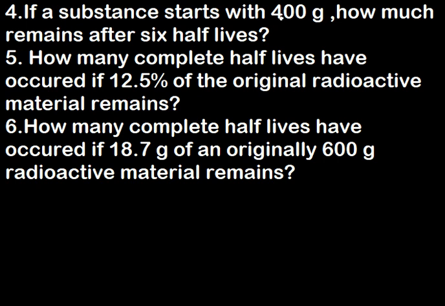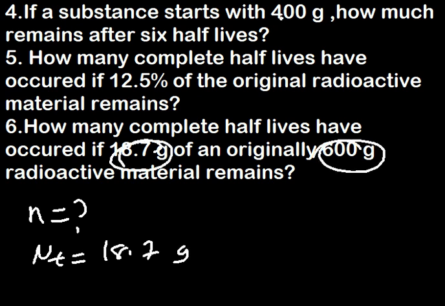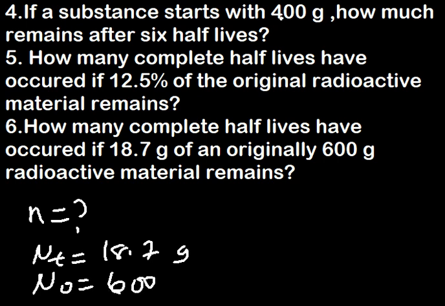And our question number 5, actually 6, says: how many complete half-lives have occurred if 18.7 grams of an original 600 grams of radioactive material remains? Which means we have the final contents, that is Nt, 18.7 grams. So there is need to have a deeper understanding of the two values. Which means the initial contents, that is the original, is given as 600 grams.